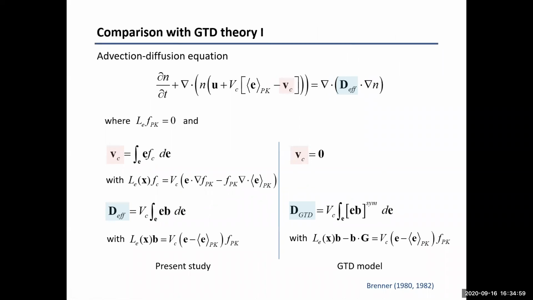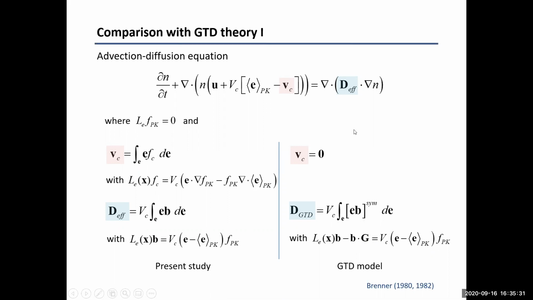So let me briefly compare the difference of this new model with the generalized Taylor dispersion theory model. Here, this left side summarizes the formula for the VC and diffusion, and the right-hand side is the value of the VC and the diffusion from the generalized Taylor dispersion theory model.